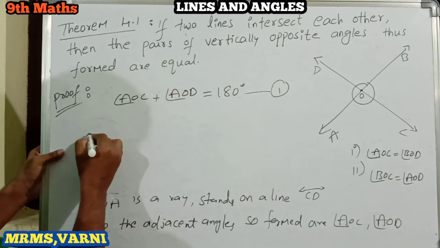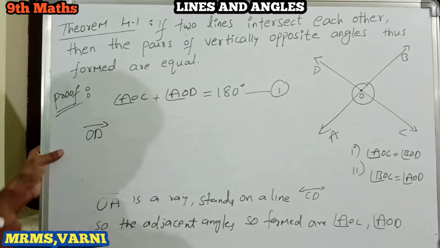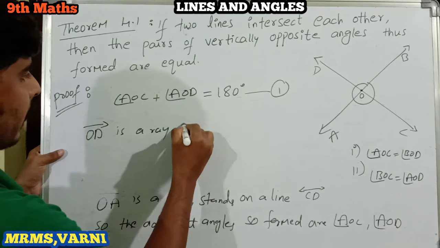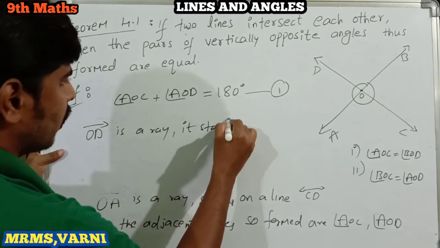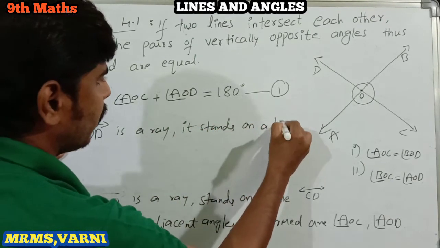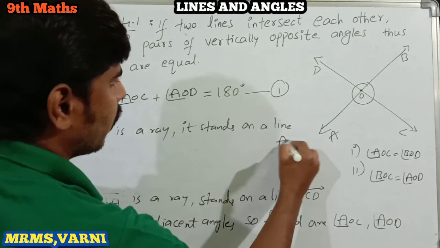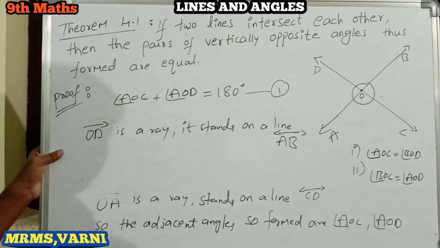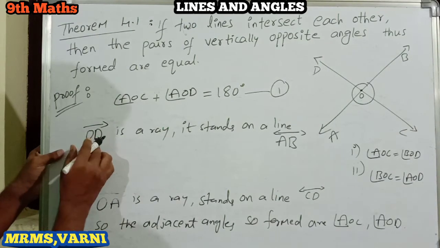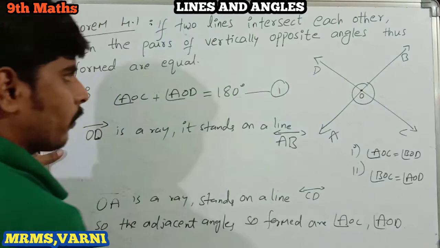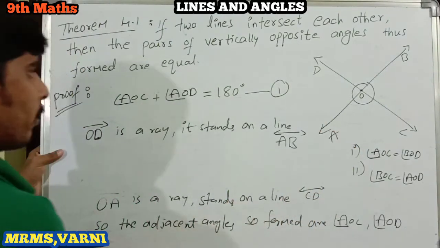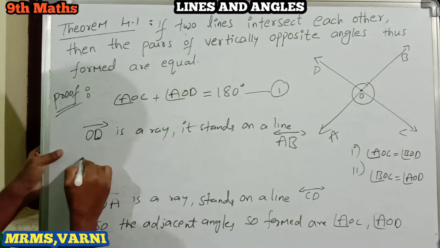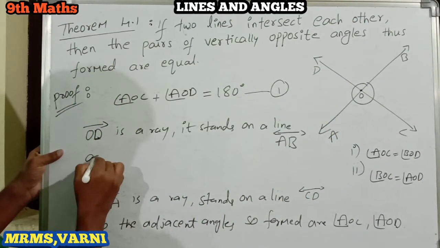Next, OD is a ray and it stands on a line AB. So OD is a ray standing on the AB line, so the angles so formed are AOD and BOD.